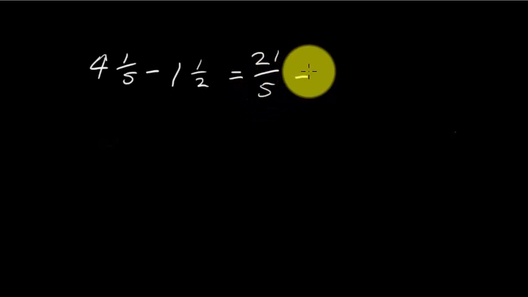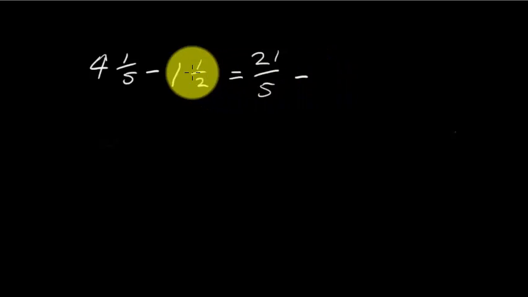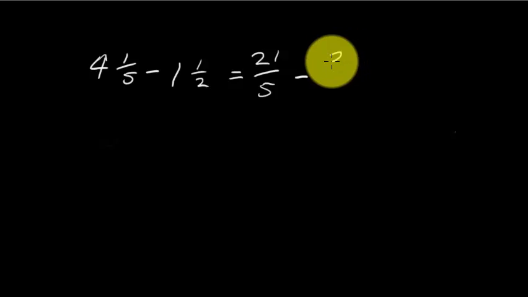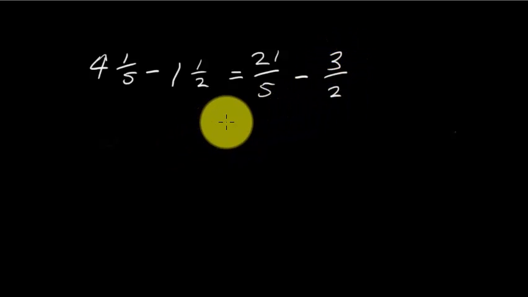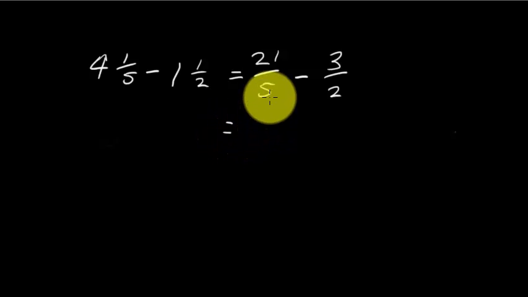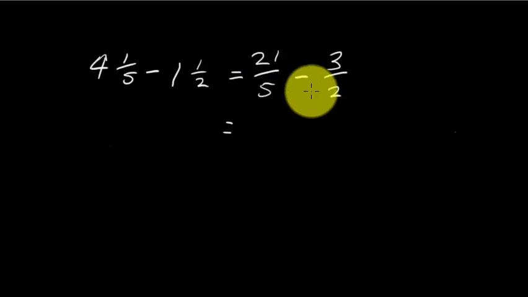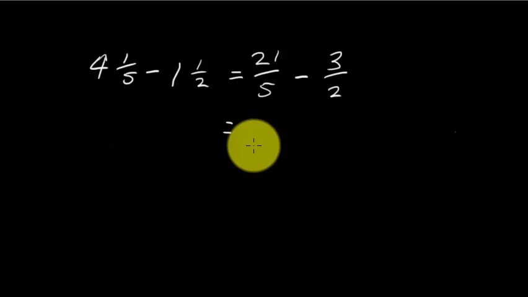And then we take 1 1/2, so you can times 1 by 2 plus 1, and that gets you 3 over 2. And then we can take away these fractions, but we need to get a common denominator again. So for both adding and taking away, or minusing, we need to get a common denominator. So 5 and 2, so the lowest common denominator is 10.